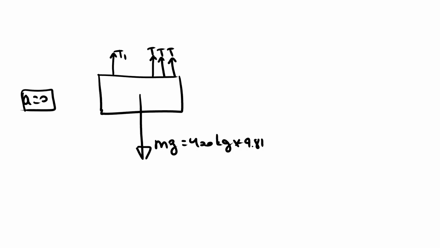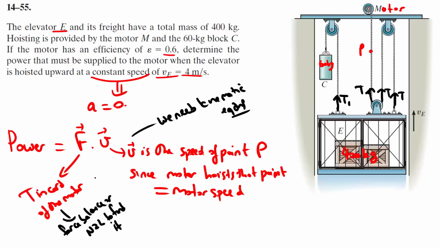To find T1, what I can do is look at the block C. It has a weight of 60 times 9.81, and there is a tension T1 in that block. You can see the T1 has a tension on it, and C also has weight on it.